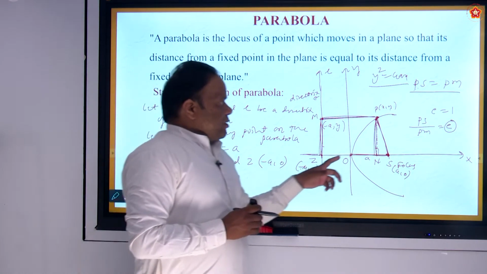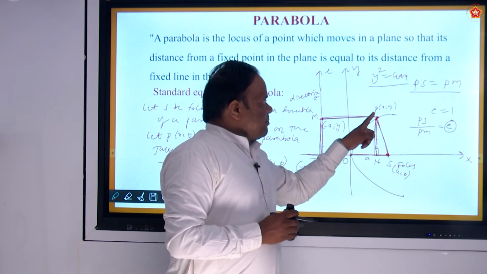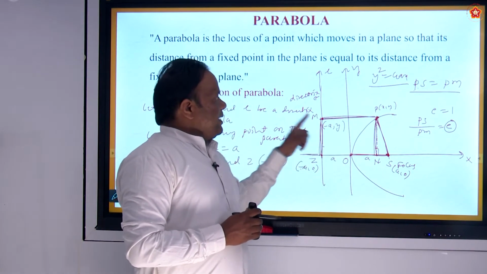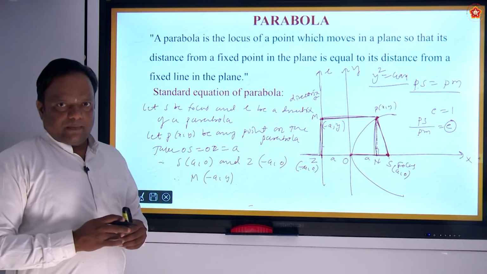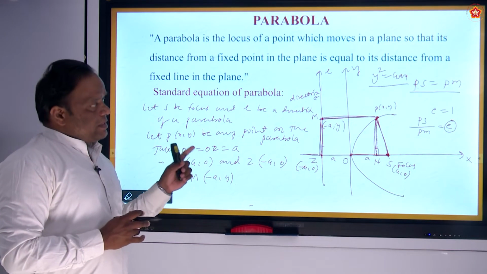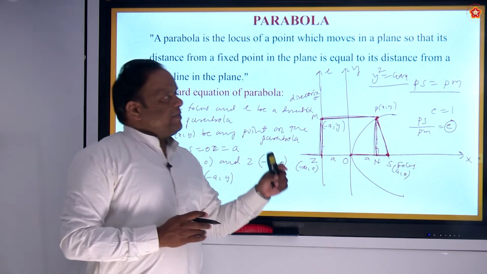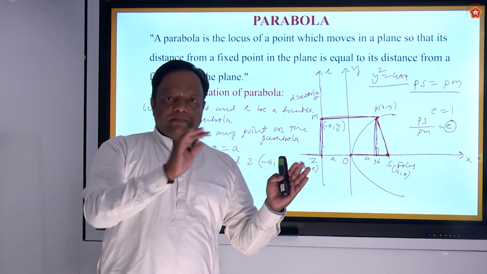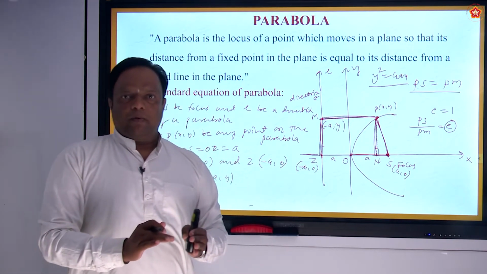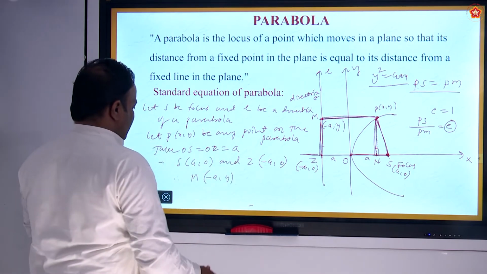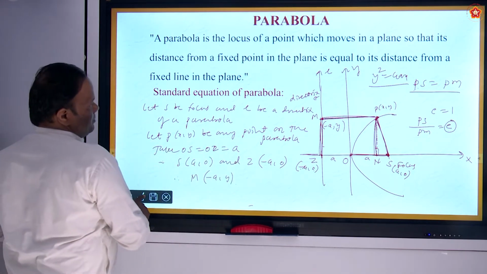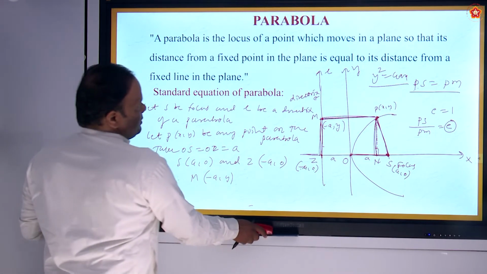So we know the coordinates of point S, the focus, and P, already x comma y, and M is minus a comma y. Now use the definition of the parabola. Using the distance formula, find PS and PM. Equating both, PS equal to PM by the definition of the parabola. Then simplify, and we will get the standard equation of the parabola. Next, observe here.